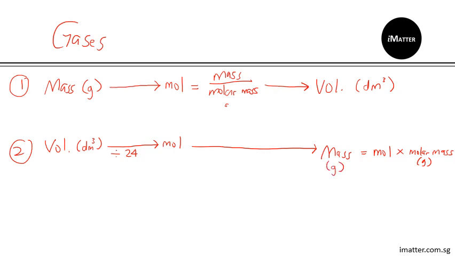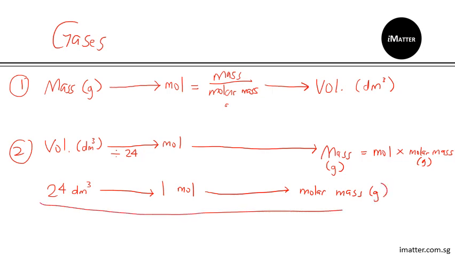And of course, the last way to look at this, what I've shown earlier: essentially, if I have 24 dm cubed of any gas at room temperature and pressure, this is equivalent to 1 mole of the gas, and this is also equivalent to the molar mass of that gas in grams. So keep this relationship in mind.